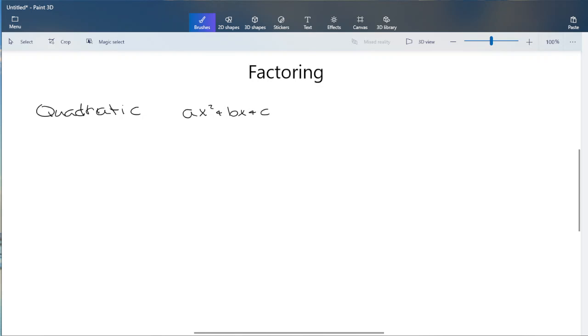Where a, b, and c are numbers. Okay, and this is what we're used to factoring, right? Most of our factoring questions are about things that have this form, and especially things that have the x squared type of form. Now we're going to talk about things that are called quadratic in form.